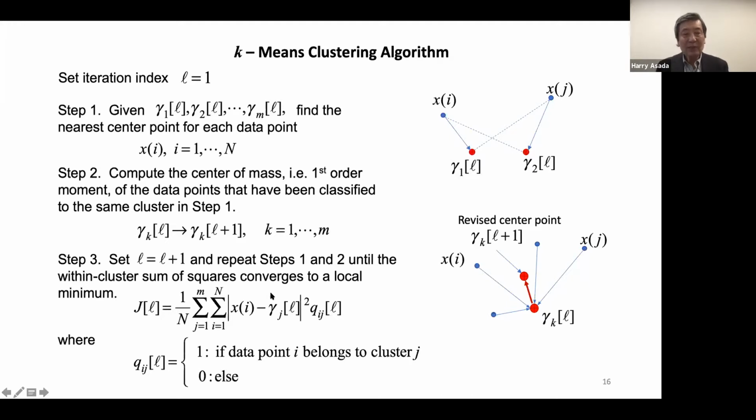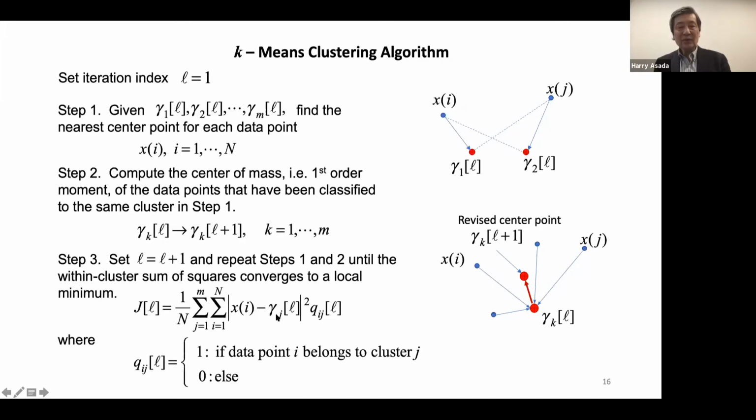So the metric is something like this. It's called the within cluster sum of squares. First look at these terms: this is x_i and gamma_j^l. At iteration l, we have a center point in R^j, and we compute the squared distance to that center among all the points belonging to this center.